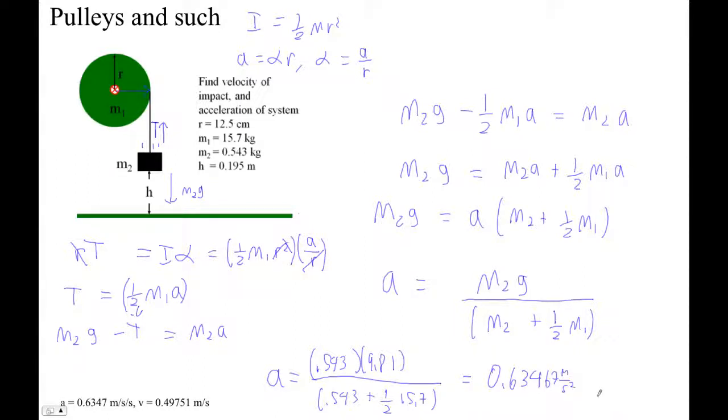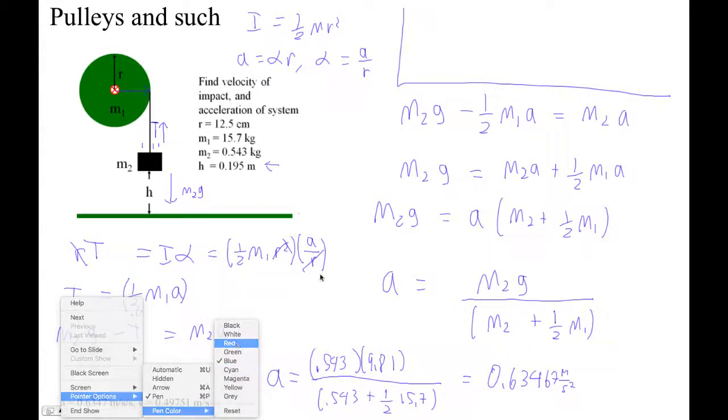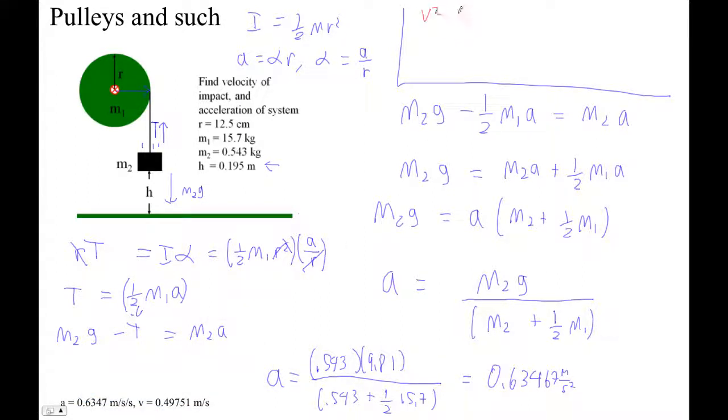And then to find the velocity of impact, if the height is 0.195 meters, we can do that here. I'll use a different color, how about red. I'll use v squared is u squared plus 2as.